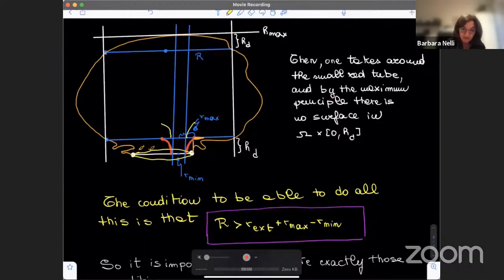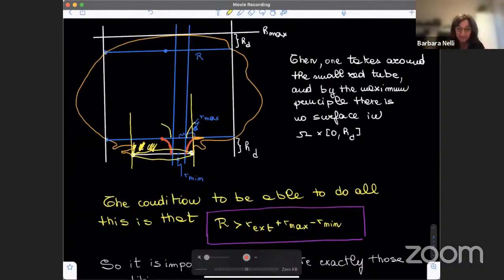So if you are able to take this red surface around everywhere, you will push all your surfaces outside the cylinder over omega. So there is no surface here, no surface here, no surface here. And outside is fine, okay?